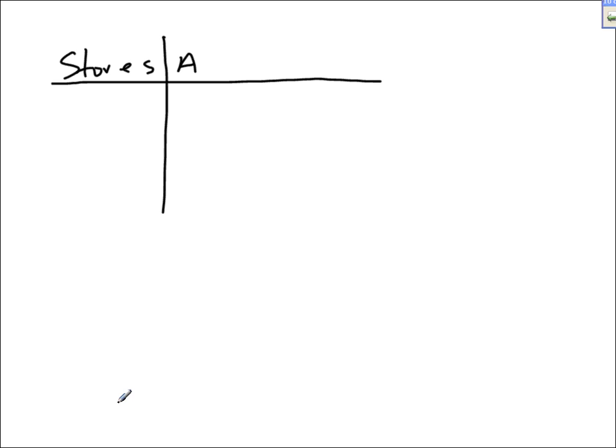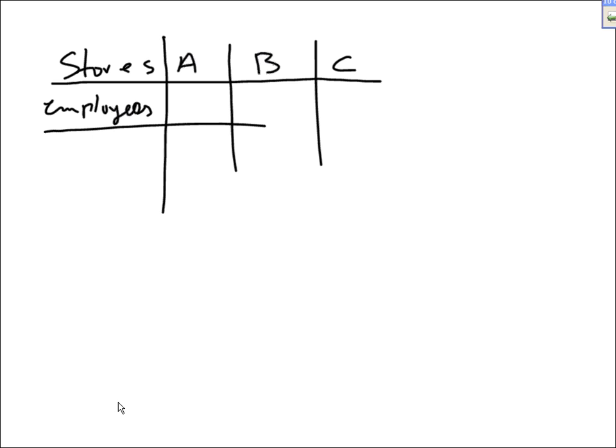Okay, so suppose you have 3 stores, and they are named Store A, Store B, Store C. And you have some employees in each of these stores. In Store A, you have 50. In Store B, 75. And in Store C, you have 100.